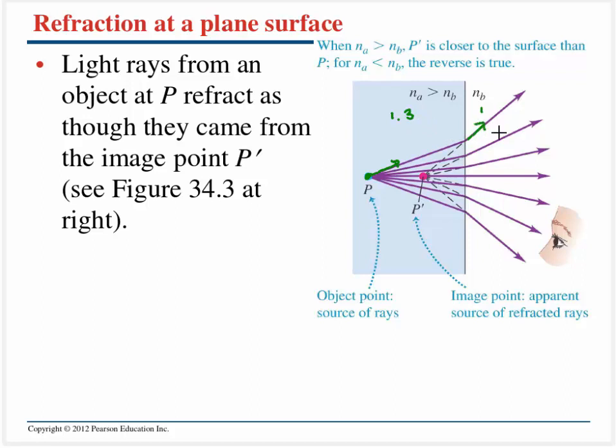So we're going to have the light rays go like this, and we're going to have a light ray approach our eyeball, and again we're going to see in a straight line, so we're going to think that there is an actual image right here, and we're going to denote the images by the primes. Objects are going to be denoted without a prime, and in this case right here there is no ray that passes through the object point P, so this image is going to be a virtual image.